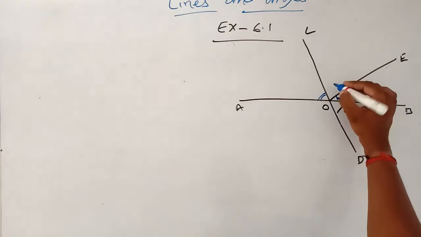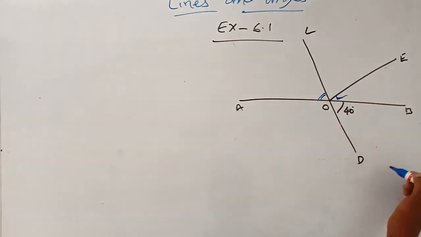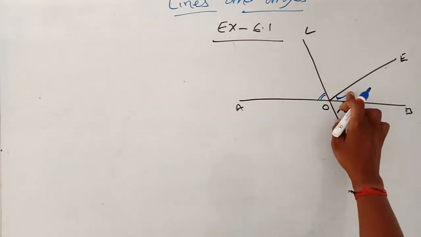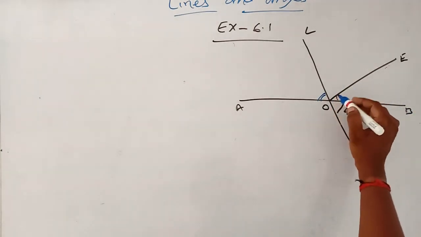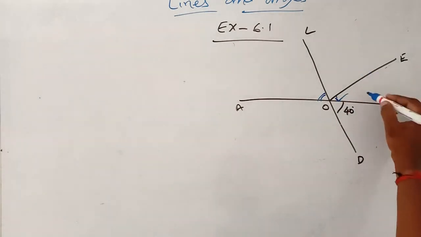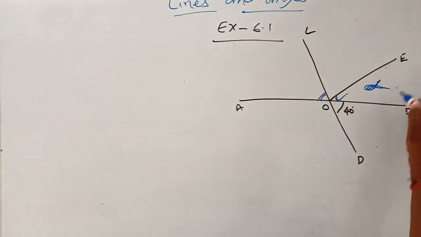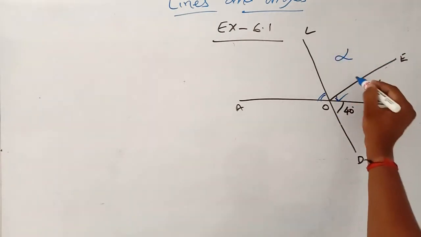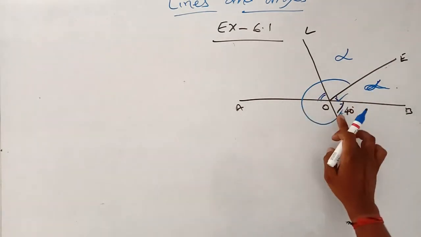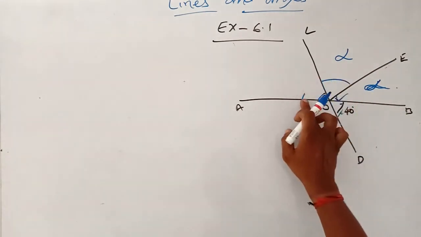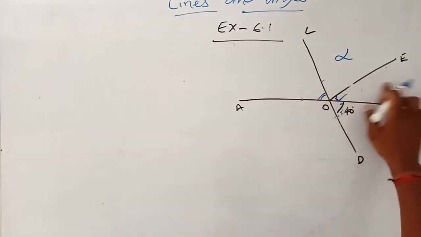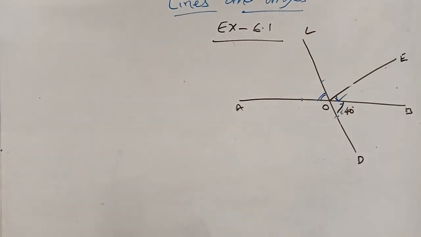I have to find the angle BOE and reflex of angle COE. Here I need to calculate this BOE angle and COE angle. Reflex means from the total 360 I need to subtract the COE angle, then that is called reflex of angle COE. So we'll start the solution here.